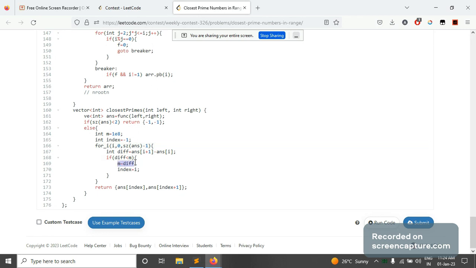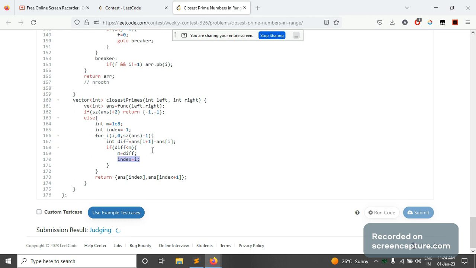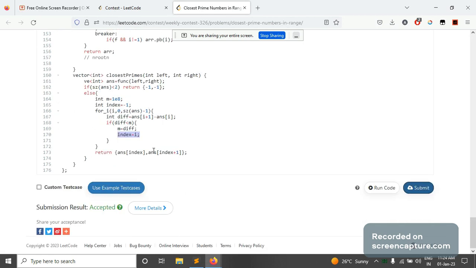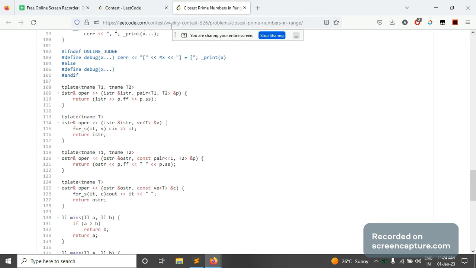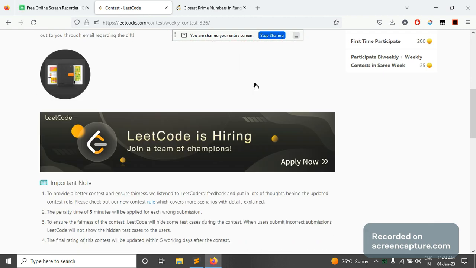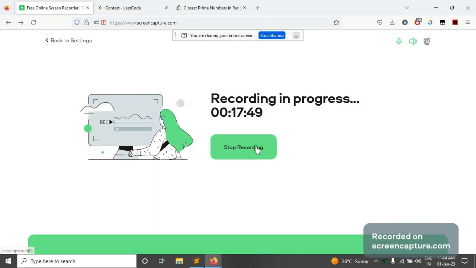We initialize with the maximum value, store the index, and after that return the value at the index and the next value. So yeah, the basic one. Let's submit it and check whether it's accepted or not. Yeah, it got accepted. So that is all about solving this contest. Thank you.